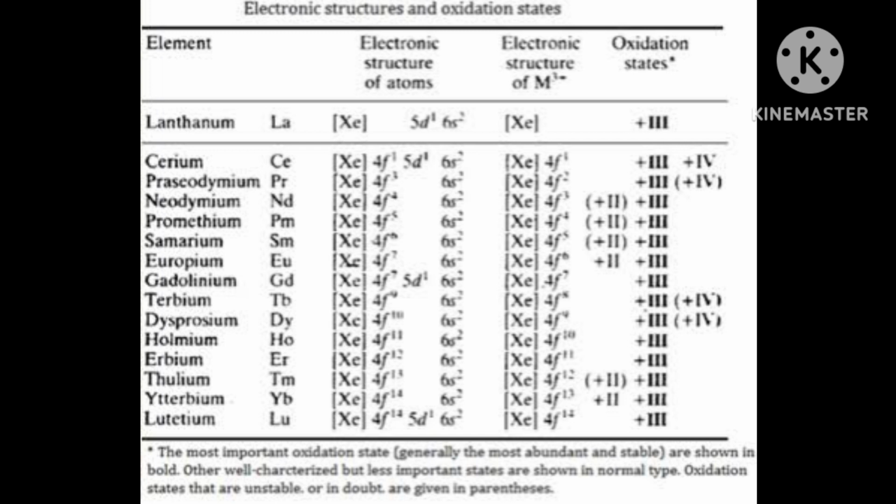Okay, this is due to extra stability. Extra stability of empty means f is equal to 0, f has no electron. Half filled means f has 7 electrons, and actually the maximum capacity is 14 electrons, so fully filled means f14.